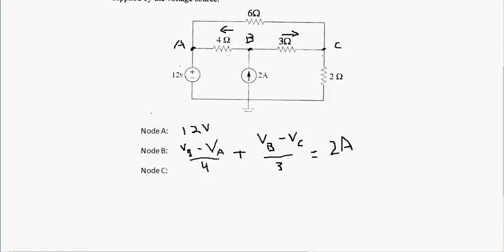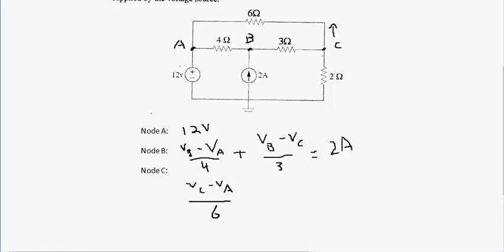Now we write our next node equation, at node C. Now we're looking at node C. One current going out of node C is VC minus VA over 6 ohms.